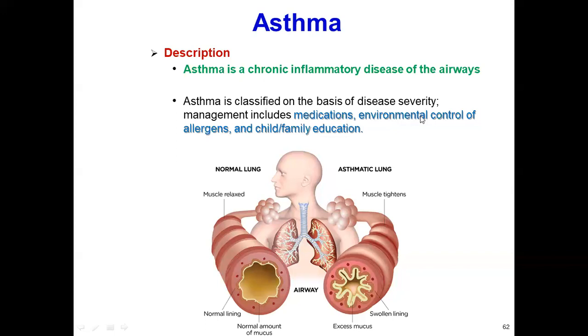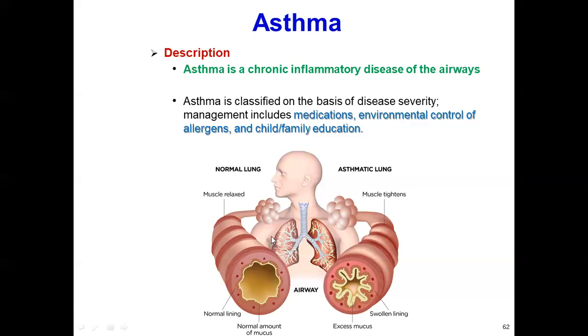Environmental control of allergens, because allergens are trigger materials. Family education means exercise, cold air, tobacco, and smoking act as triggers and increase acute attacks of asthma.